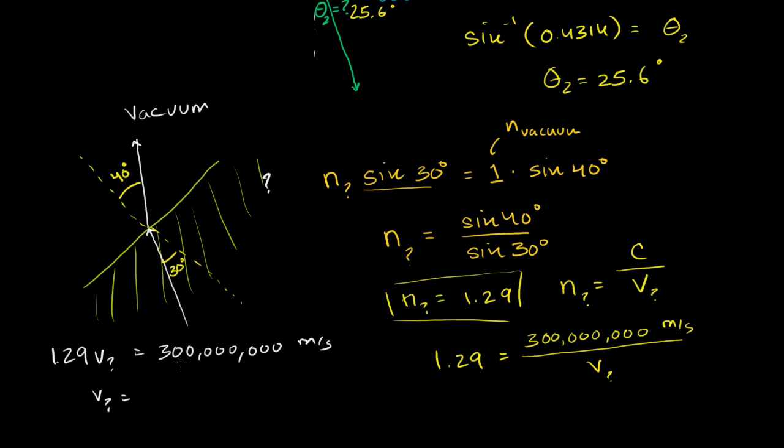And then I can divide both sides by 1.29. V question mark is going to be this whole thing, 300 million divided by 1.29. Or another way to think of it is light travels 1.29 times faster in a vacuum than it does in this material right over here. But let's figure out its velocity.